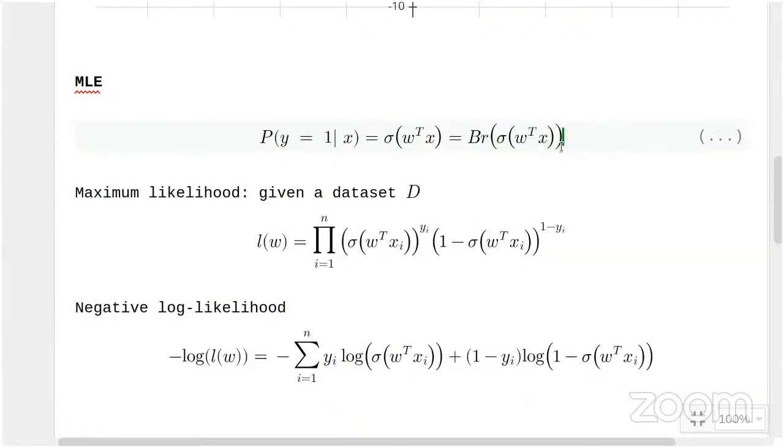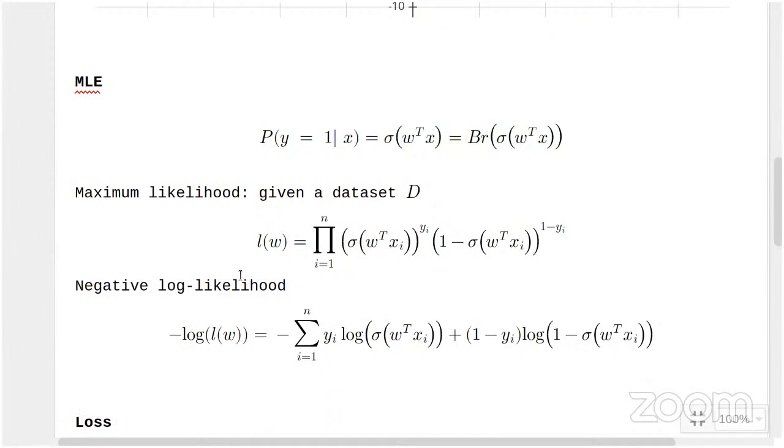We are only modeling P of y given X. So assume that these observed labels are coming from this Bernoulli. Then for what value of the parameter W is there a maximum chance of observing this data set? That is what the likelihood means.